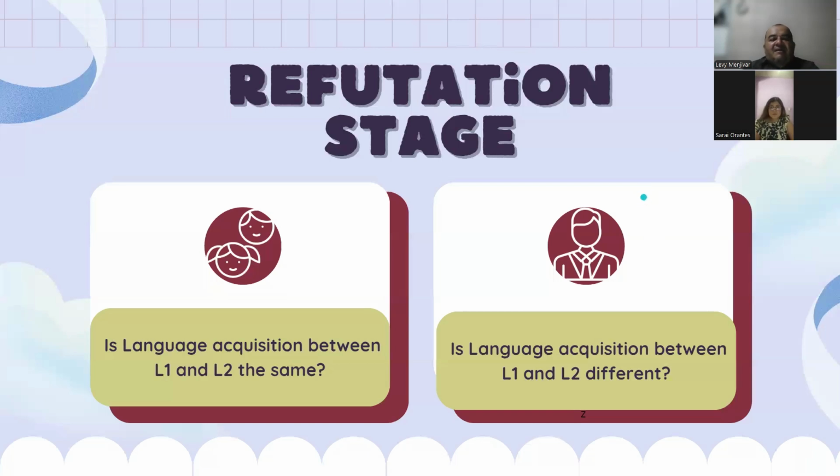Okay, yeah, and I think that sometimes there are little differences between L1 and L2. The question number 2 is whether language acquisition between L1 and L2 is different, and I refer to the point number 2 that you mentioned about contextual learning, right? Mm-hmm. That is the critical period hypothesis.